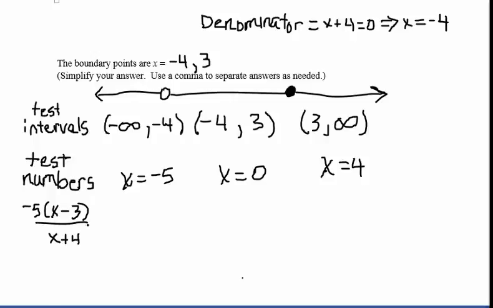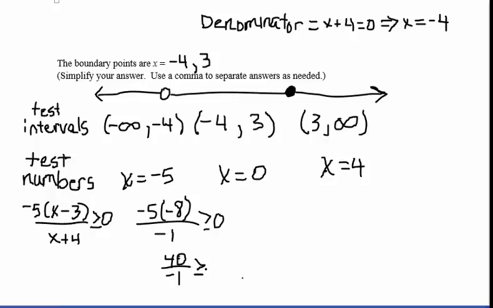I'm going to rewrite my inequality here, and I'm going to let negative 5 represent all the numbers that are smaller than negative 4. Whatever negative 5 does to the inequality, all the numbers in that interval do the same thing to that inequality.